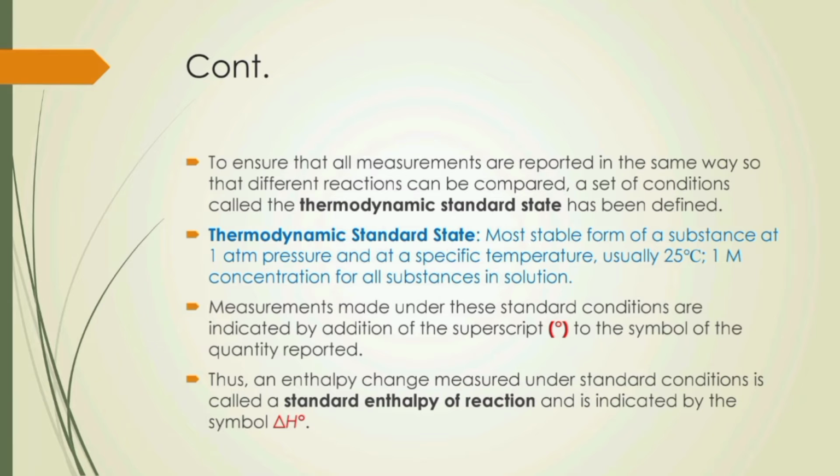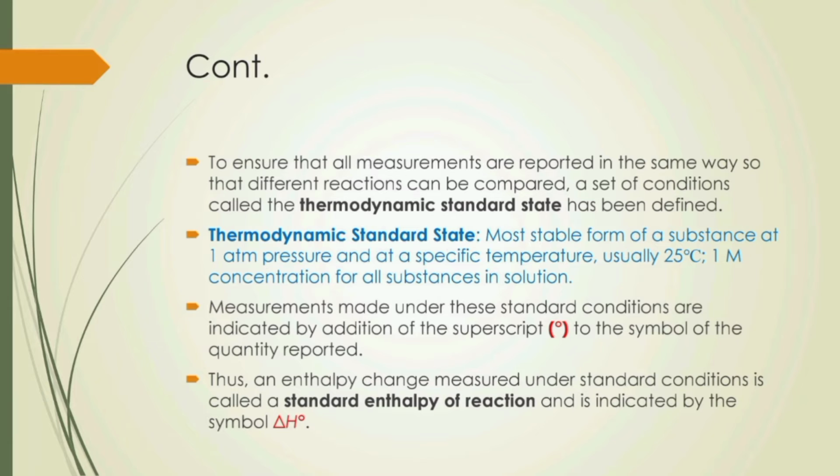So when a standard enthalpy is measured under these standard conditions, it will always be known as the standard enthalpy of reaction. Standard enthalpy of reaction basically means the enthalpy change which is measured or calculated under these specific conditions, which are the rules.